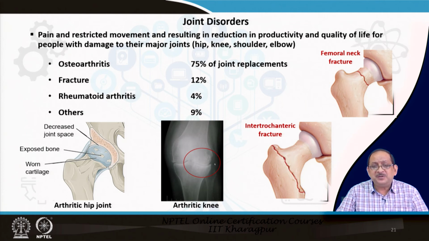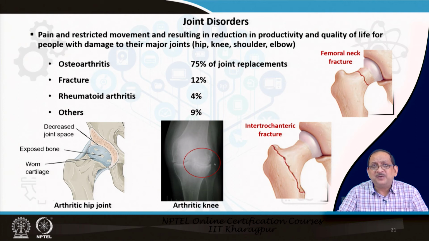Most of the patients who have these disorders can be classified as having bone degenerative diseases like osteoarthritis and rheumatoid arthritis. The patients with osteoarthritis and rheumatoid arthritis form the majority of the disorder patients.